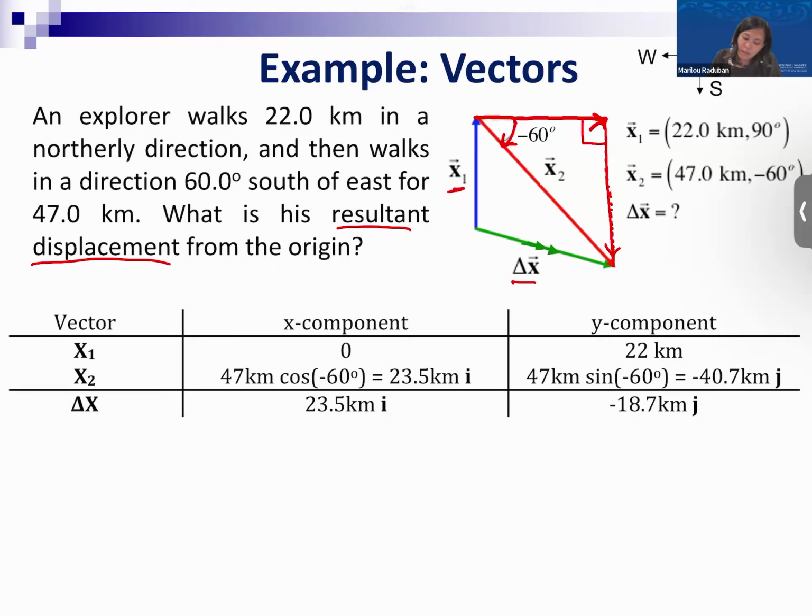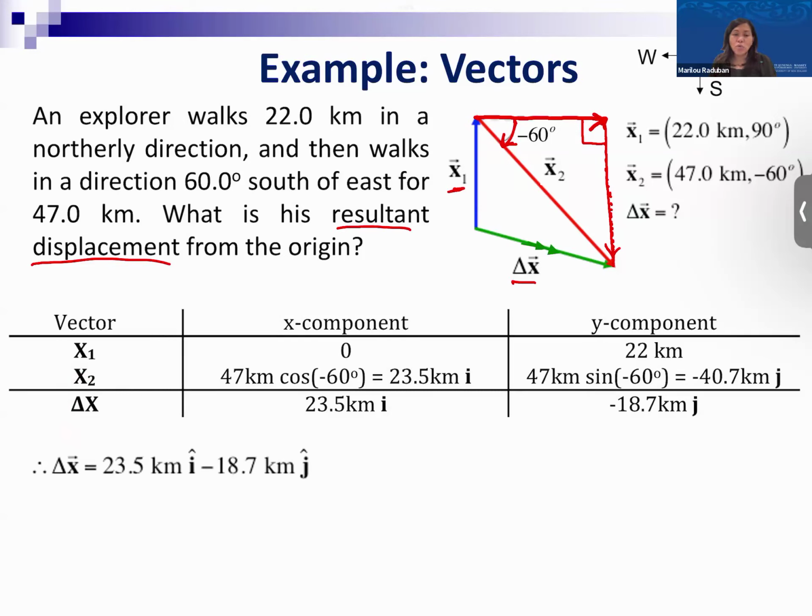All right, so now that you've obtained the x and y components, you add the x components together, giving you 23.5 kilometers i hat, and add the y components together, giving you negative 18.7 kilometers j hat. You then arrive with just a single x component and a single y component for the displacement delta x, which is also the resultant vector.